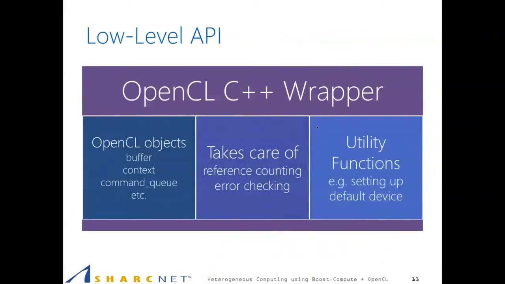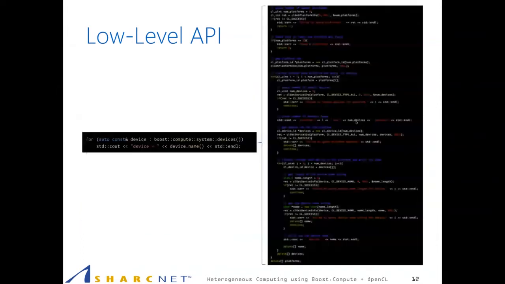So the low-level API is actually an OpenCL C++ wrapper. It wraps OpenCL objects like buffer, context, command queue, etc. And it takes care of reference counting and error checking, and there are also some utility functions, for example, functions for setting up the default device, which is important.